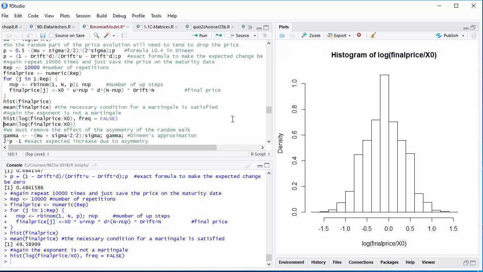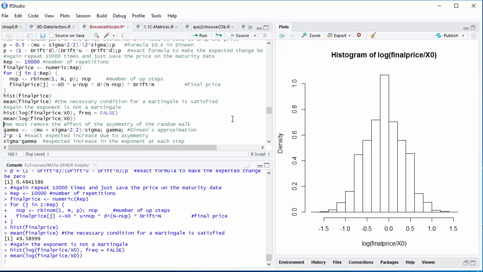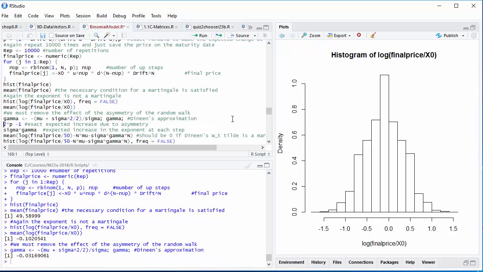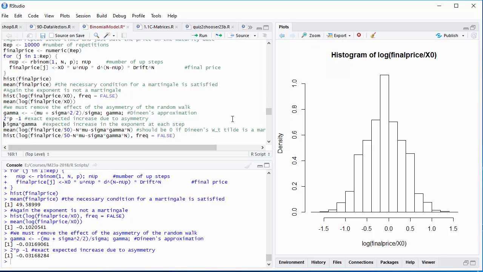It's true, the exponent goes up or down by the same amount, but the probability of an upstep is no longer 50%, and we can fix that. Deneen uses an approximate value that he calls gamma. The exact value is 2 times the probability of an upstep minus 1.